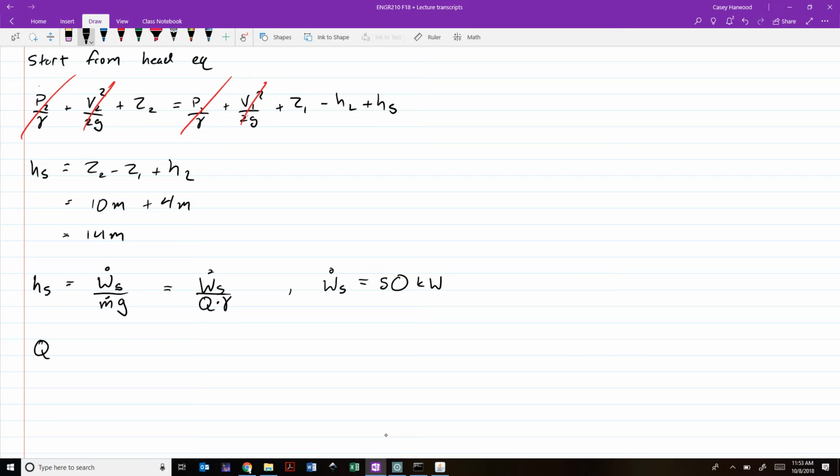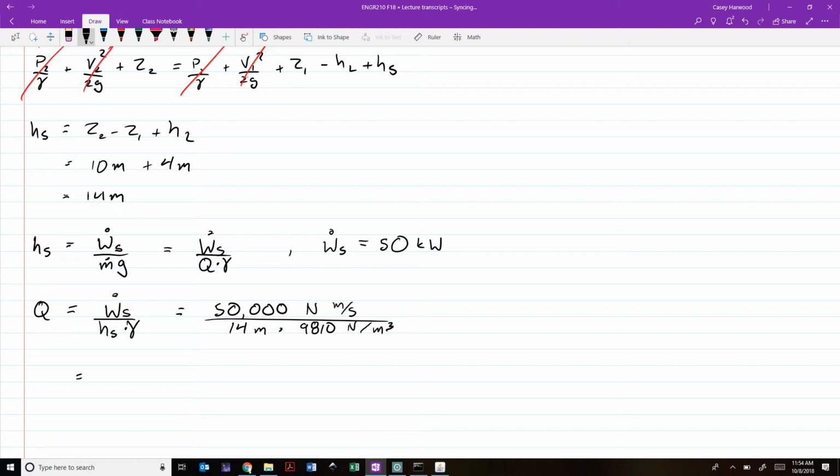So Q can be solved for then as W dot S divided by HS times gamma. 50,000 Newton meters per second, because that's a watt, divided by that shaft head of 14 meters times 9810 Newton per meter cubed.